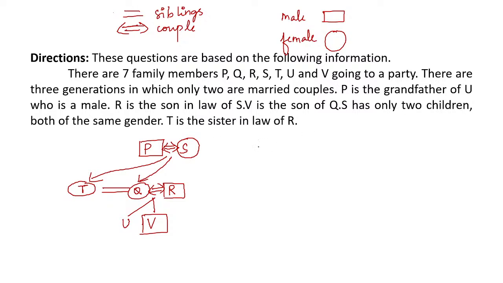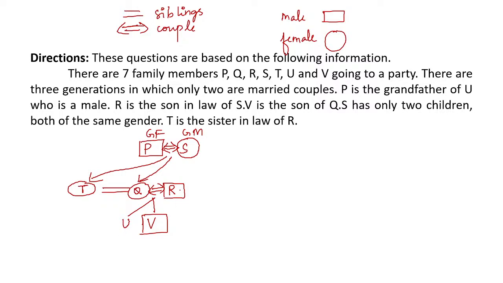Okay, done. So now that we know the family structure, we can answer the following questions that come our way. So we have P and S, grandfather, grandmother, and they have two daughters, T and Q. Q is married to R. Q and R have two children, U and V, where V's gender alone is found to be male.